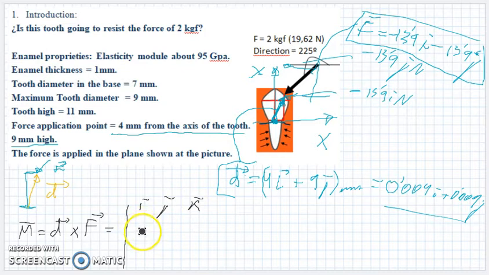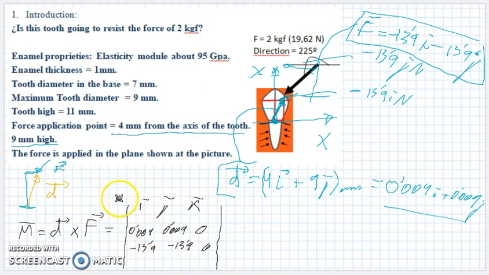This is simple. It's only to be more accurate. So the distance vector is going to be 0.004, 0.009, 0 in the k, and force is going to be minus 13.9, minus 13.9, 0. Okay?